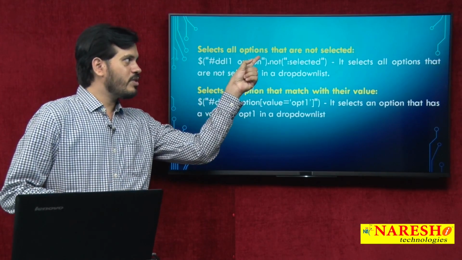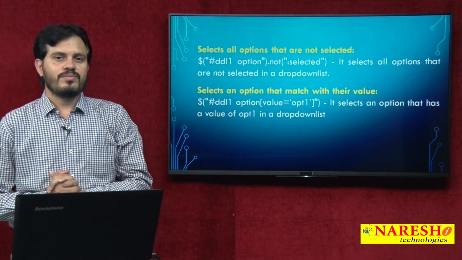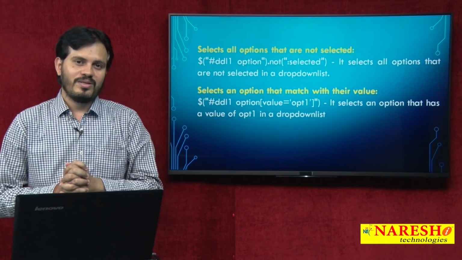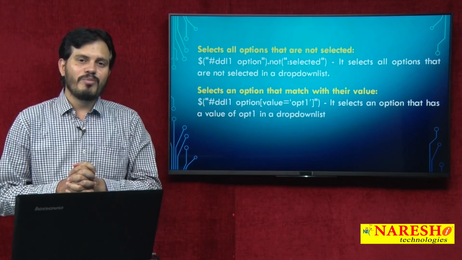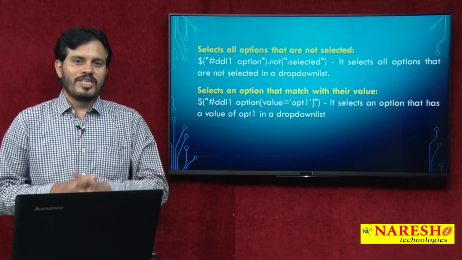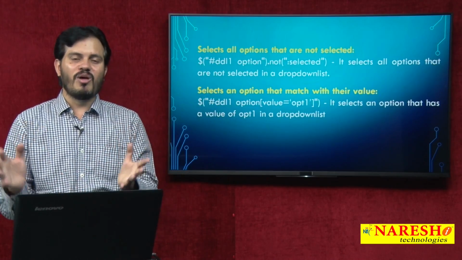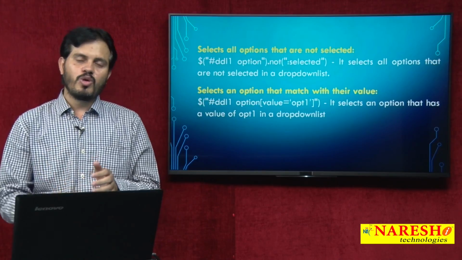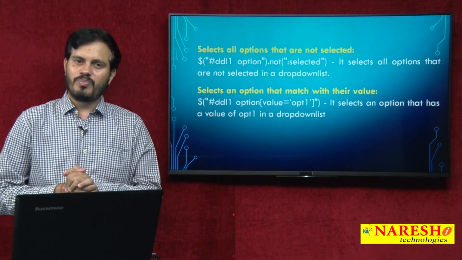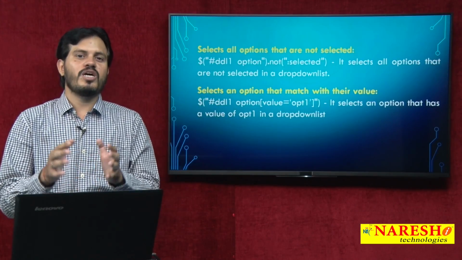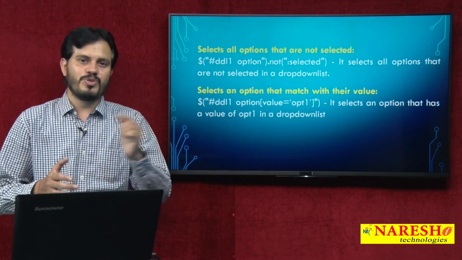Select all options that are not selected. We know that in a drop down list by default one will be selected, but suppose I got a requirement to count all those options which are not selected. So except the selected option, all remaining options come under not selected. Get those options, and on those options you can perform any operation. In my example, I am simply going to count how many options are there which are not selected, except the selected option.